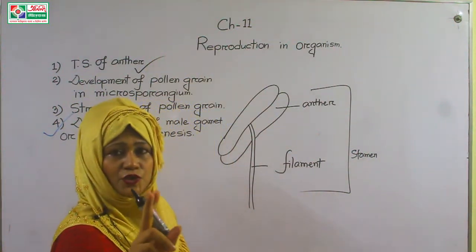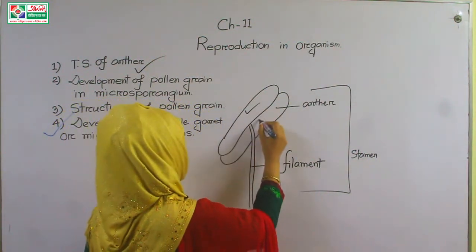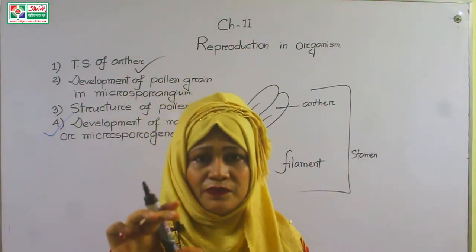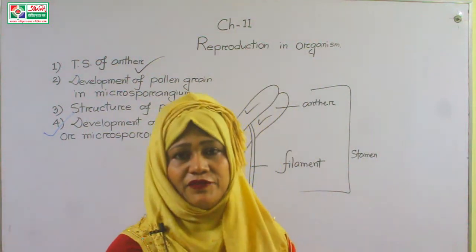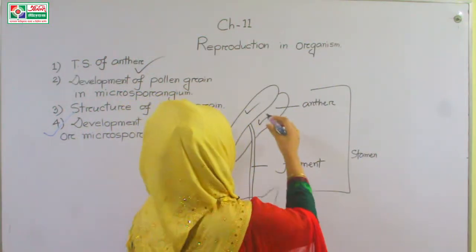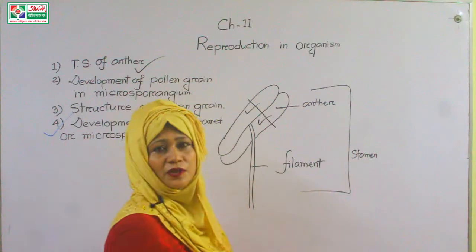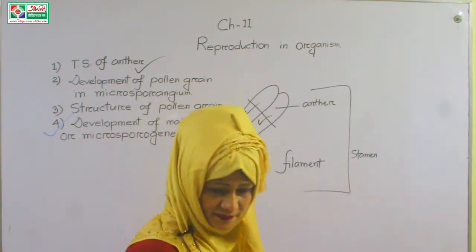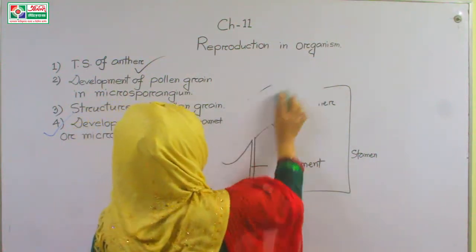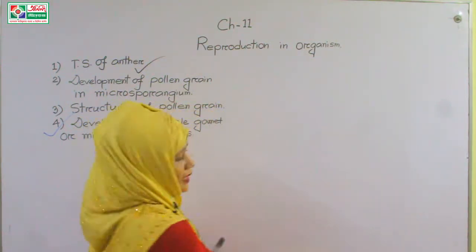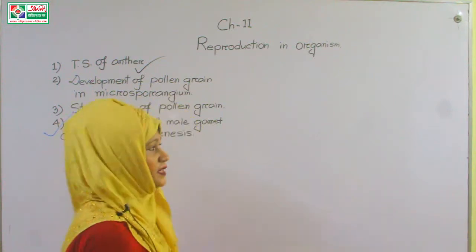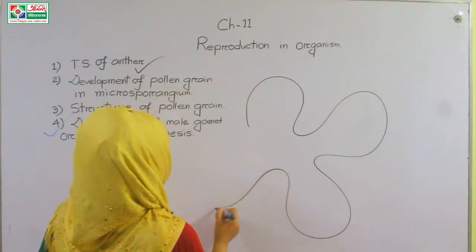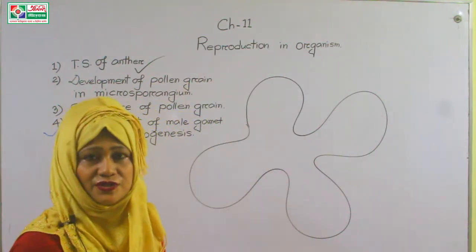It has two lobes, 1 and 2, and in each lobe there are 2 cavities. If I make a TS through the anther, what will I see? I am making the transverse section of the anther. Then I will get this type of structure.